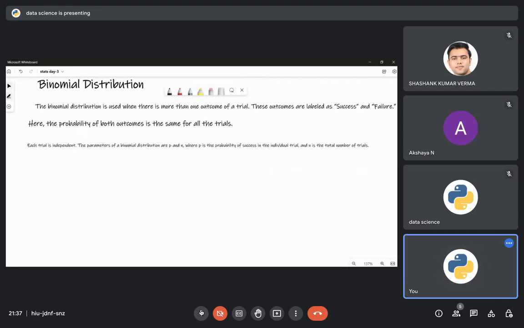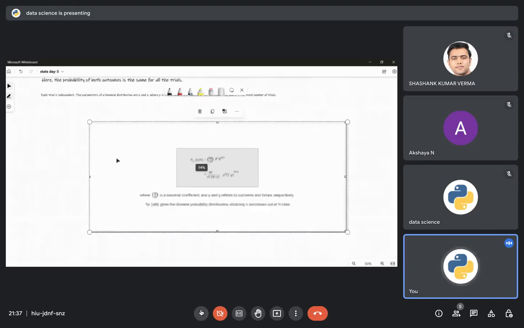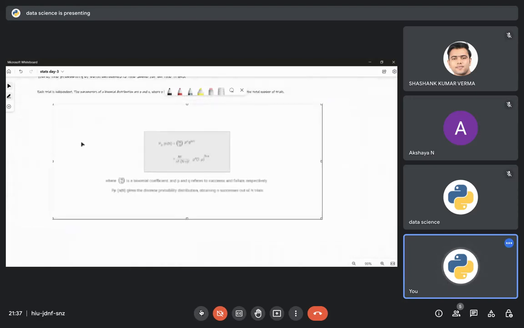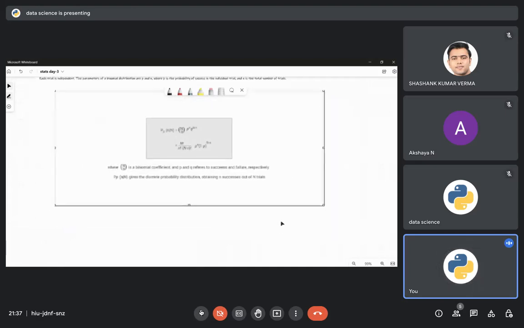So the binomial distribution formula. Wait a minute, let me take a screenshot first. We are going to calculate the binomial distribution by this formula. Let me explain these things.